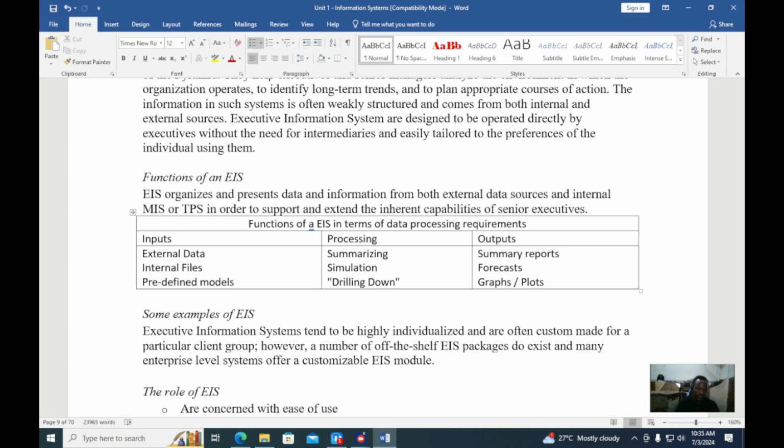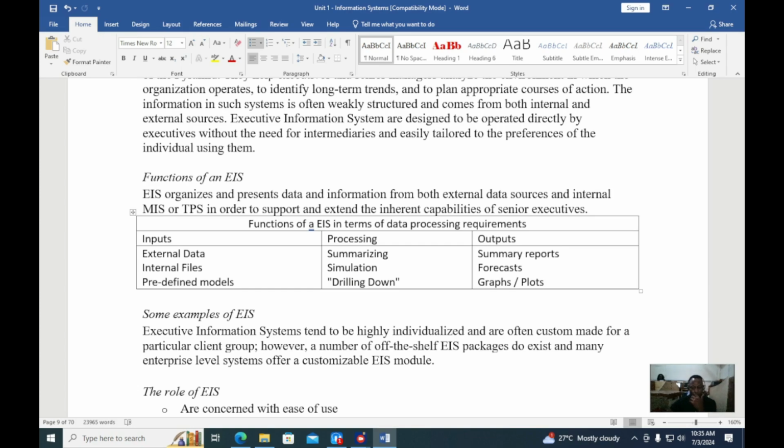So the inputs that we get are external data, internal files, and predefined models. Then the processing is done by summarizing, simulation, and drilling down, and what we get out of these is summary reports, forecasts, and graphs and plots. So examples of the executive information systems, they are actually made for a particular group.